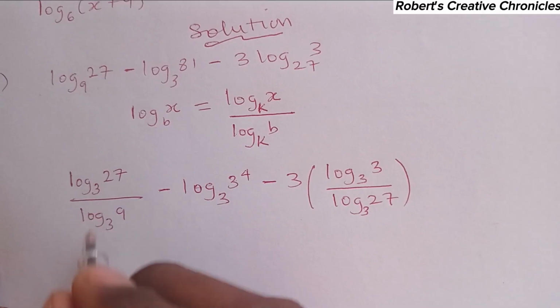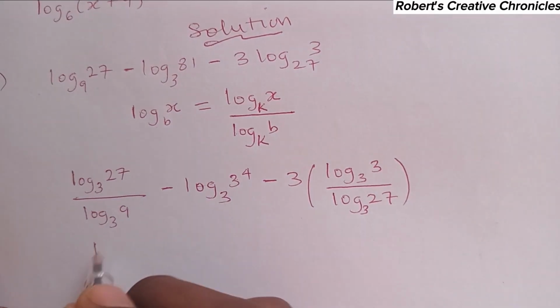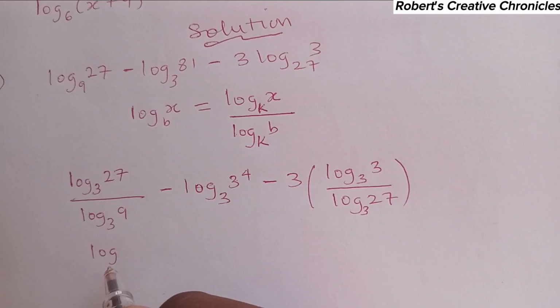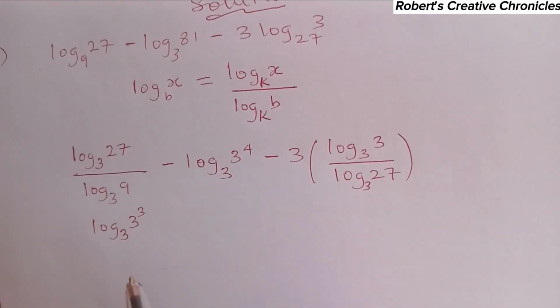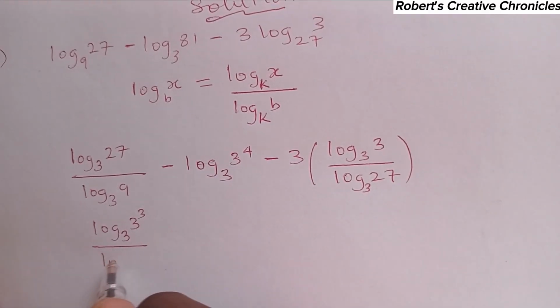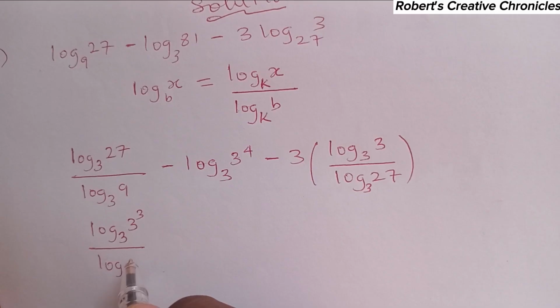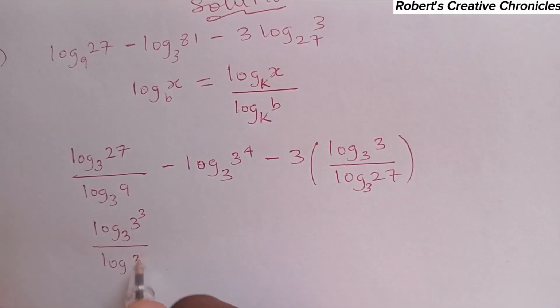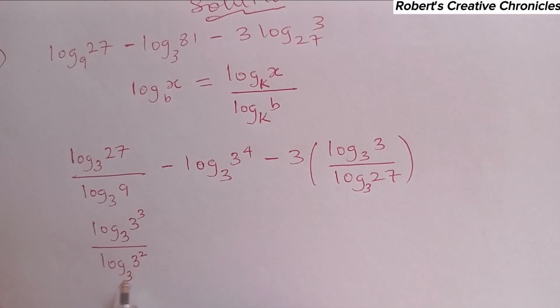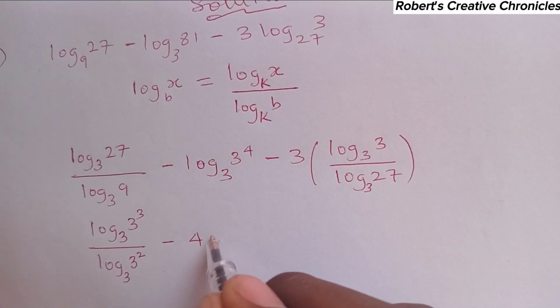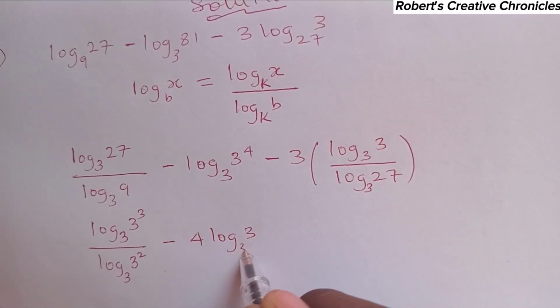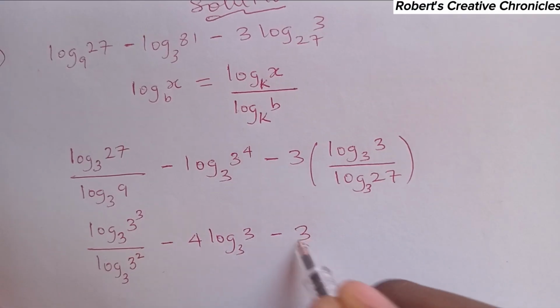Now this becomes log 3 with 3 raised to the power of 3 giving us 27, over log 3 raised to the power of 2, base 3, minus 4 log 3 base 3, minus 3.